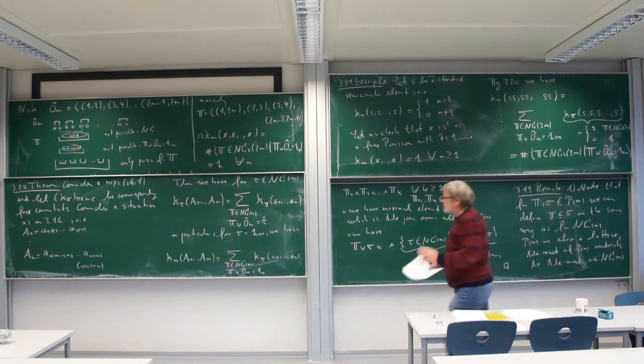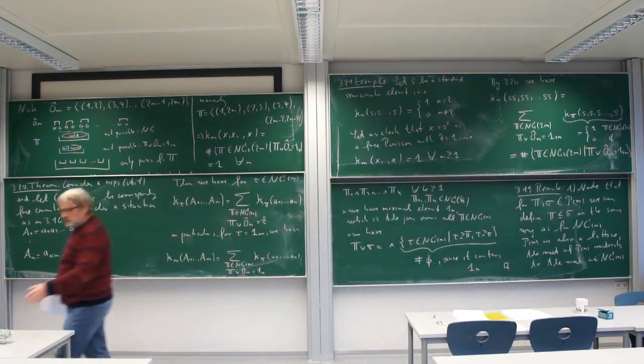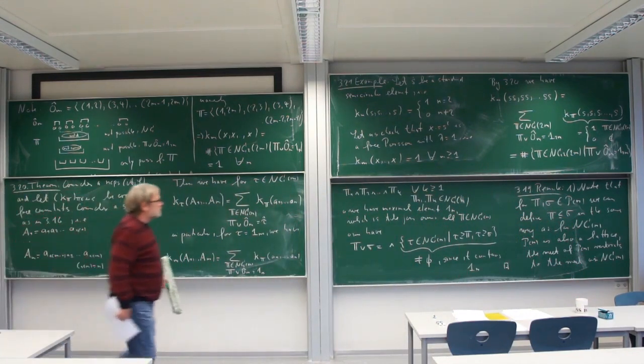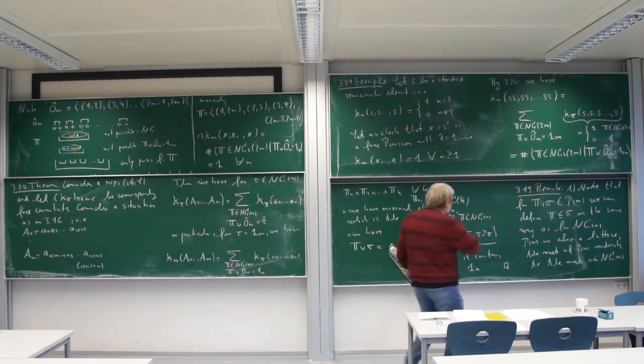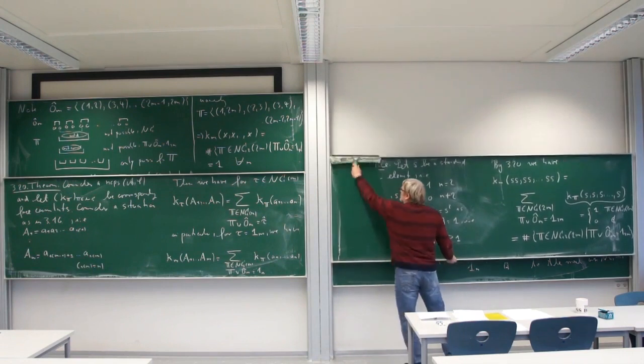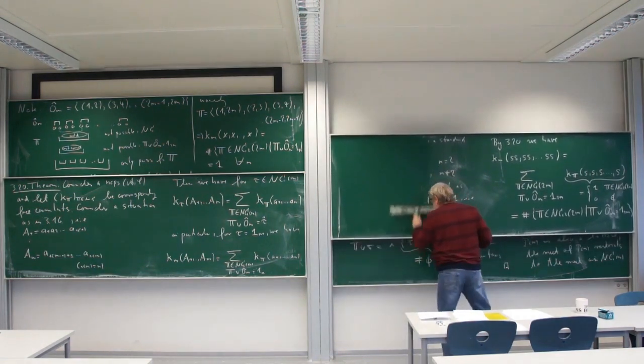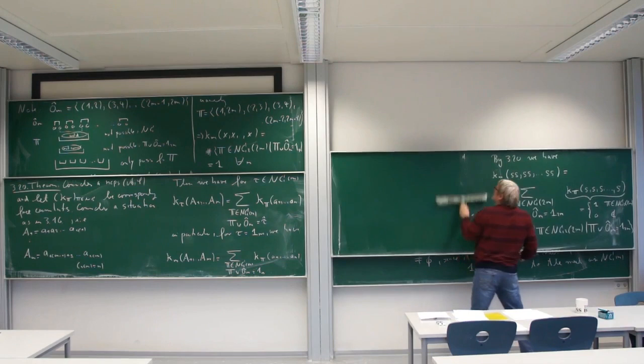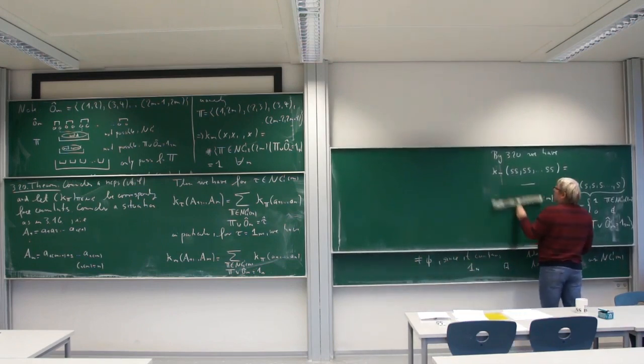Okay, so this is a kind of formal proof where we just have to write down the Möbius inversion and the properties of this embedding hat and the properties of the Möbius function.